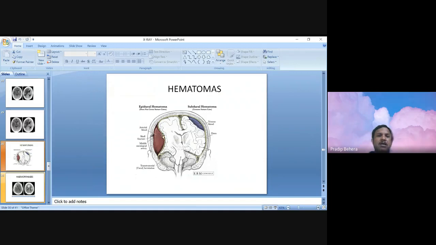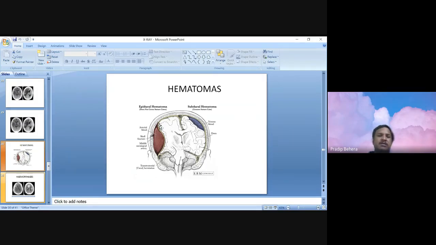I am just giving some idea within the next five to 10 minutes. Normally when there is a bleed, we describe whether this is epidural, subdural, inside the brain or intracerebral, or subarachnoid. So four types of hemorrhages or hematomas can be seen in the brain.